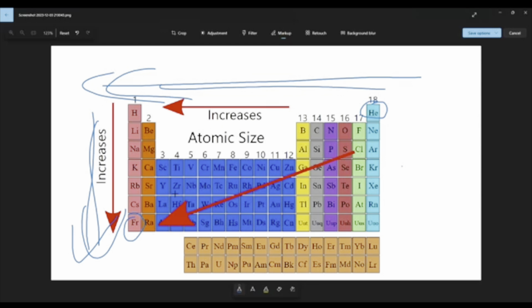The increased size of the atomic center causes the electrons to contract more toward the protons, which reduces the radius of the atom across each row of the periodic table, and the largest atom is Fr and He is smallest.